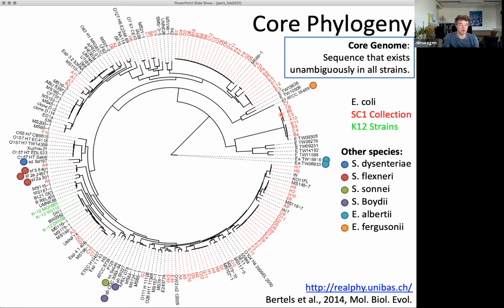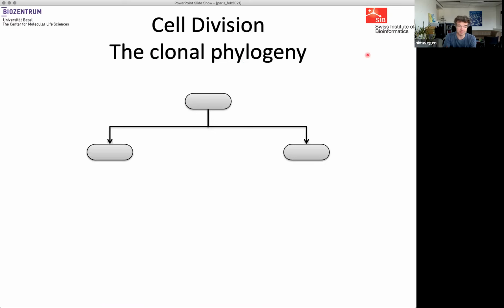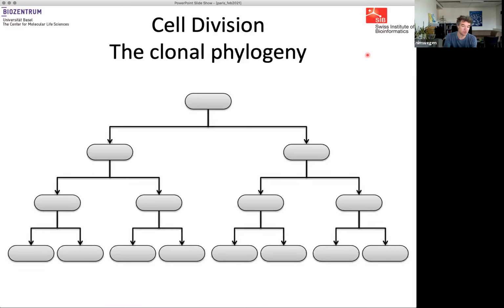All right, so one of the first questions is, what does this core phylogeny represent? As you all know, one of the miracles of biology is that every cell is the result of a cell division, which is the result of a cell division, which is the result of a cell division. So it's all connected cell divisions all the way back to the early life.